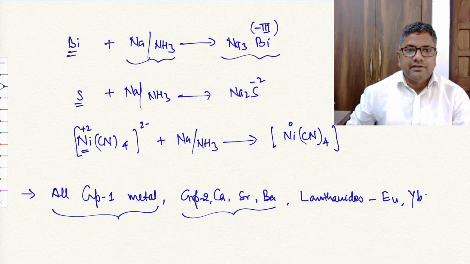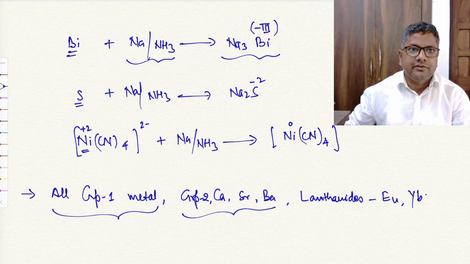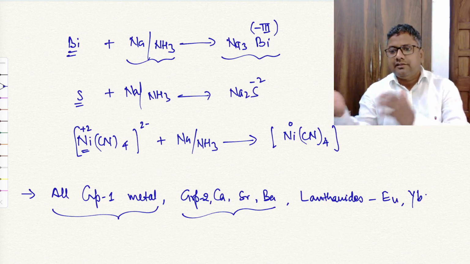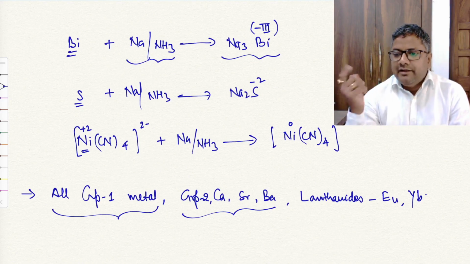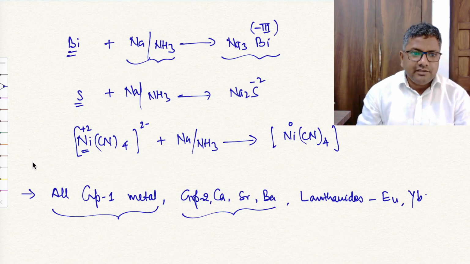Okay, now the last point of this group, I would like to discuss some of the properties of lithium, which are very important and something different from the other group 1 elements, as well as having some similarity with the group 2 element magnesium, which is popularly known as the diagonal relationship, right?